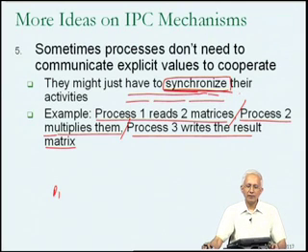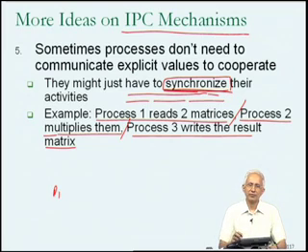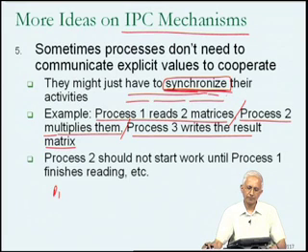Okay, so if this is the case, then there are likely to be IPC mechanisms, interprocess communication mechanisms, which do not have to handle the transfer of data, but merely have to handle synchronization. In other words, coordination between processes to make sure that one does not proceed beyond a certain point in its activity until one of the others has reached a certain point in its activity. Right?